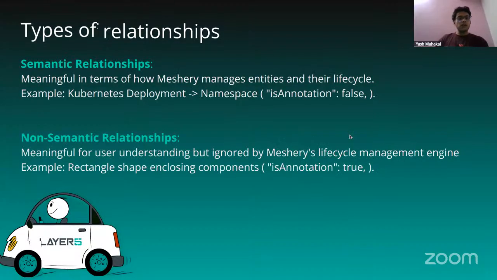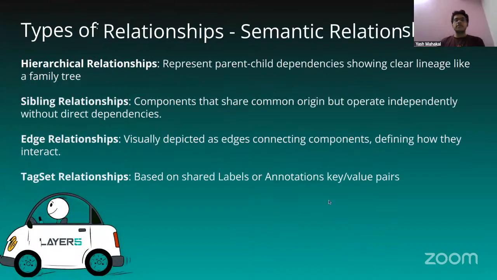Now, moving forward with some of the types of relationships. It's not like you can have only one type of relationship between two components. Some of the relationship types are hierarchical relationships, edge relationships, tacit relationships, and sibling relationships. Talking about hierarchical relationships, they represent parent-child dependencies and show a clear linkage like a family tree.